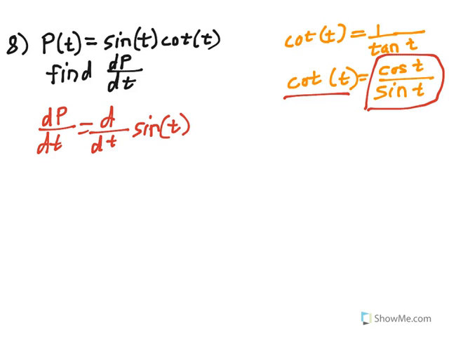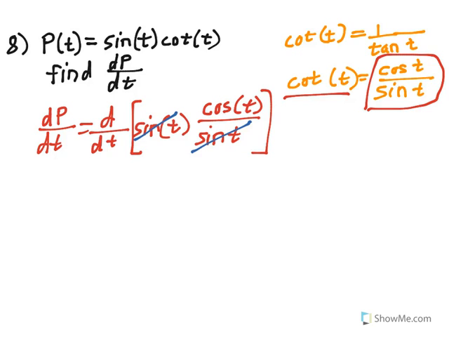Okay, so we kept that part the same, and actually I'm going to put some brackets in here just so that it's clear what the derivative applies to, times the cosine of t divided by the sine of t. Well, as you probably are already noticing, sine of t on top, sine of t on bottom, those cancel out.